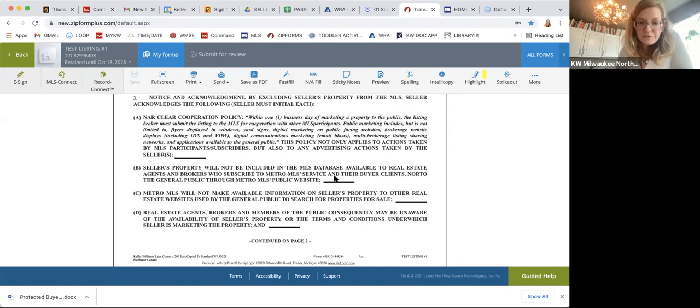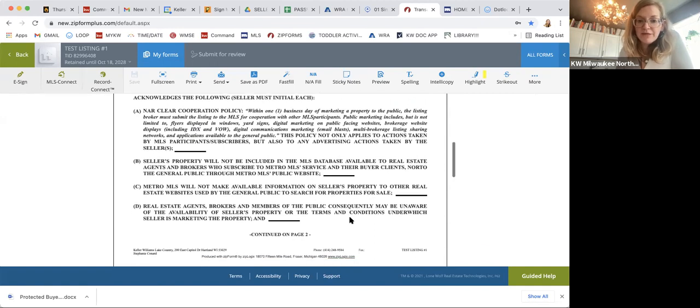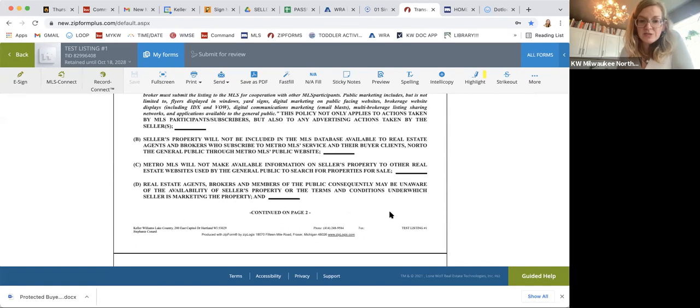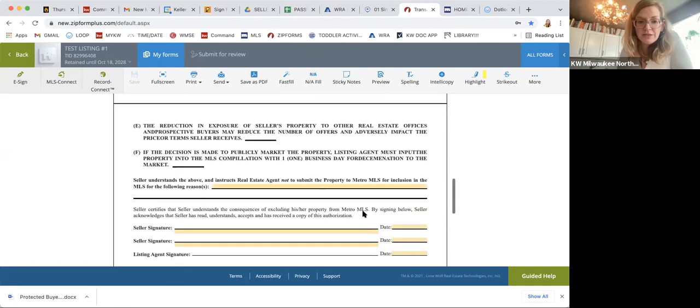Property will not be included in the MLS database. Metro MLS will not make available any information on sellers' property to other real estate websites. Real estate agents, brokers, and members of the public may be unaware of the availability of the seller's property and the terms and conditions under which seller is marketing the property.